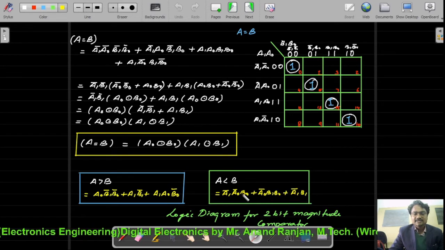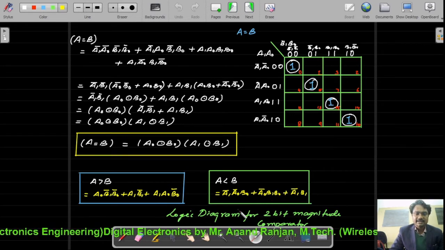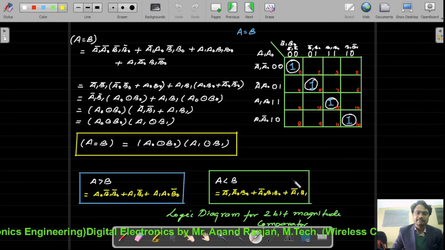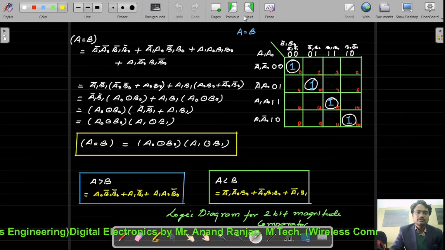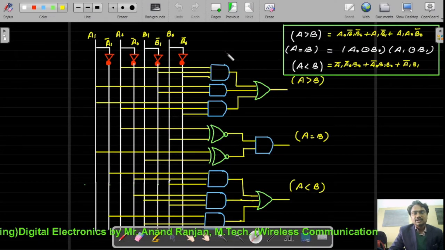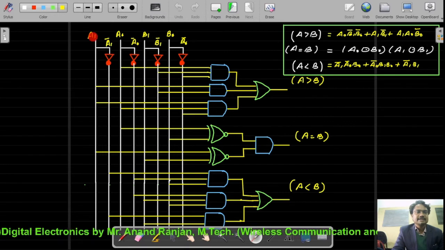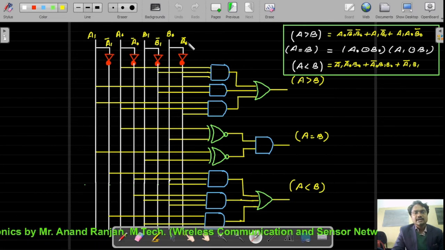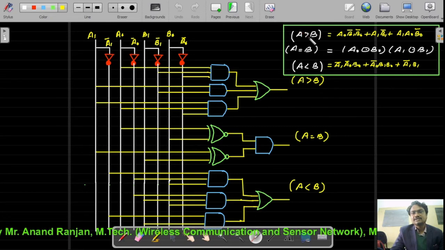Now our next task is to implement the logic diagram of the 2-bit magnitude comparator. In the next slide, we take this diagram to implement it. Here we take inputs a0, a1, b0, b1 along with their complements a0 bar, a1 bar, b0 bar, and b1 bar. As we can see, the expressions which we have written here are in SOP form.